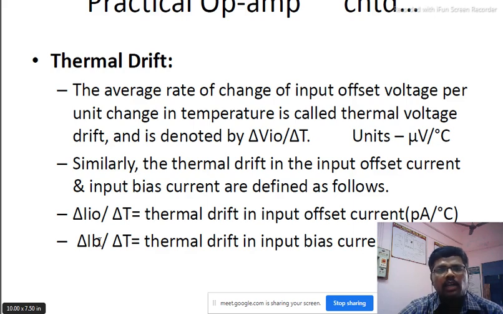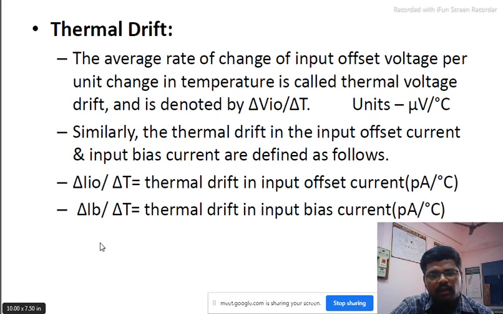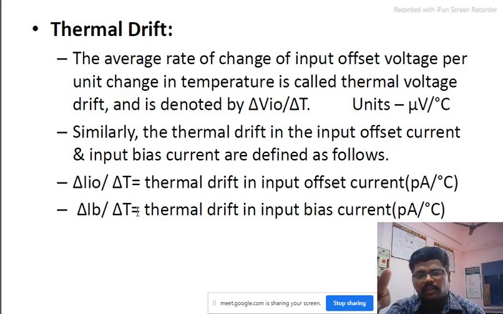The average rate of change of input bias current per unit change in temperature is called the thermal drift of input bias current. This may be denoted like this. This is the input offset current, and this is the input bias current. Therefore, this can be treated as three different conditions.